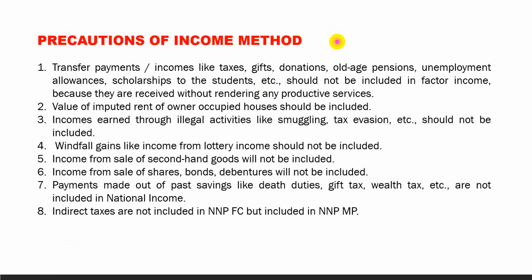Let us know the precautions of the income method. Transfer payments, incomes like taxes, gifts, donations, old age pension, unemployment allowance, scholarships to students, etc., should not be included in factor income because they are received without rendering any productive services.